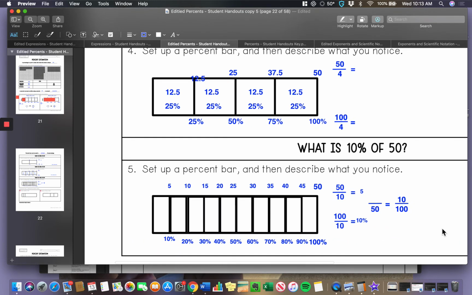All right, so I did set up a percent proportion for you here where you can cross multiply and divide, okay? Because I wanted to know if I had 10% out of the 100%, and I did not use a percent sign, but I'll put that in for you here just to show you that these are percentages.